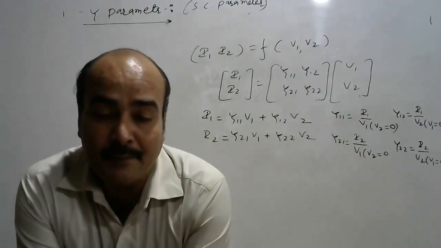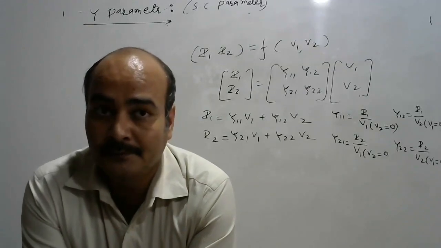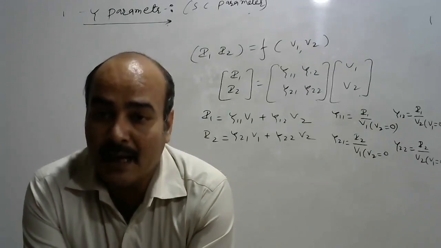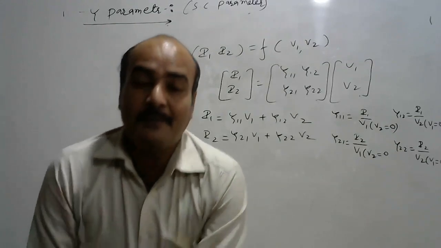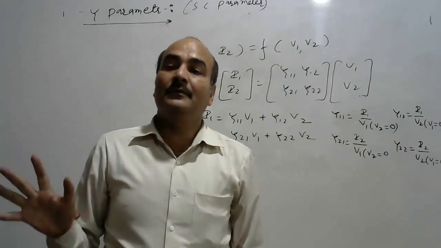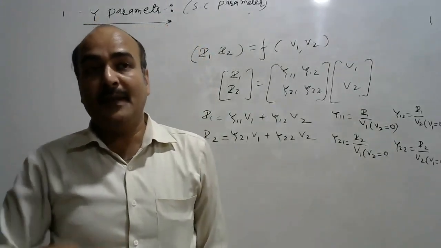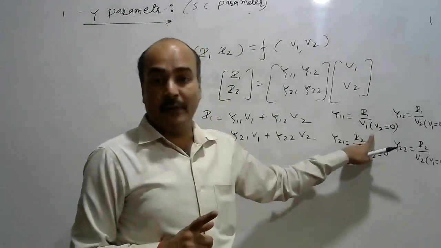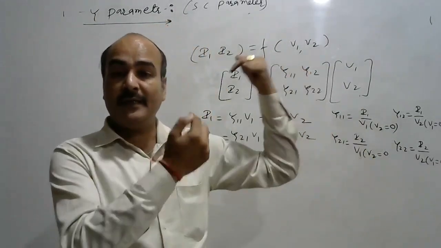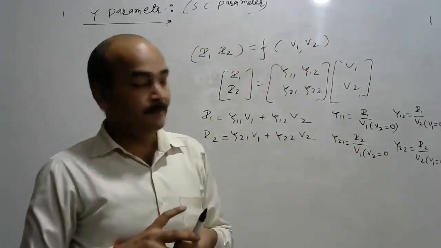If I say y11 is I1 upon V1, that is wrong. Y11 is I1 upon V1 with V2 equal to 0. So saying y11 is input admittance is wrong. Y11 is input admittance with output port short circuit. This is a very important point. Whenever we calculate the input admittance here, we short the output voltage.